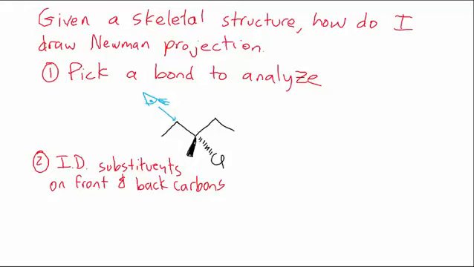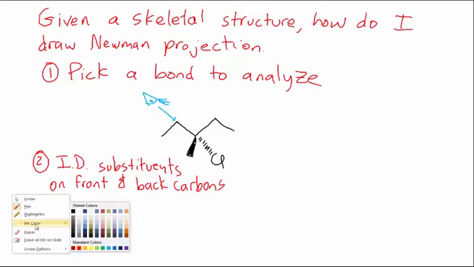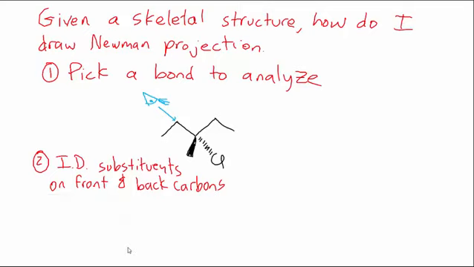All right. So, for instance, I'll do the front carbon in purple here. So my front carbon is right here in purple. And say, all right, what is the front carbon bonded to? Well, what's not showing? How many hydrogens? 2 hydrogens. So the front carbon is bonded to 2 H's.